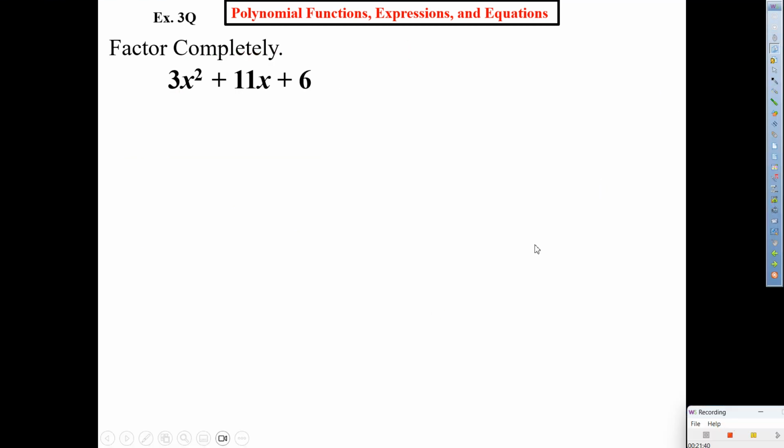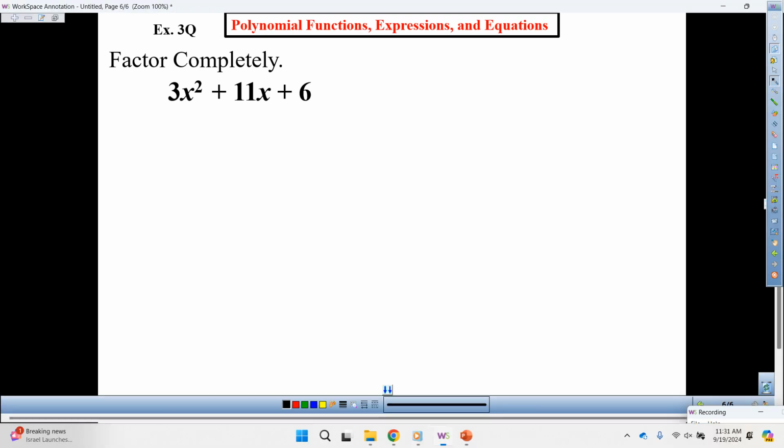Example 3Q, copy this one. 3x squared plus 11x plus 6. It's like Dana's almost done.